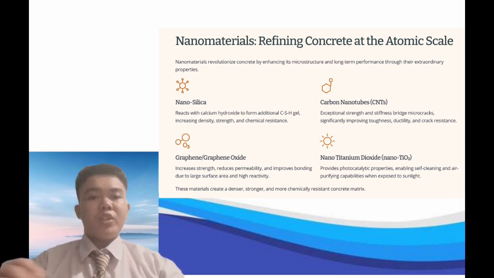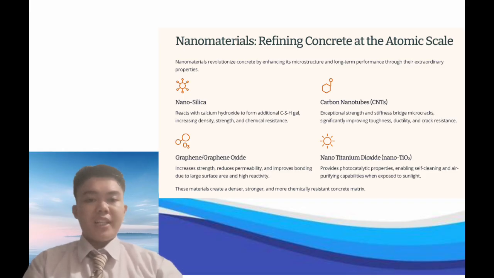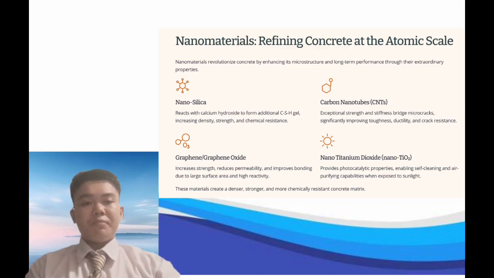It produces more CSH gel, increasing the amount of the strongest and most stable binding material in cement. It refines the pore structure, making the concrete denser and less permeable. It improves resistance to water penetration, chloride attack, carbonation, and chemical deterioration.